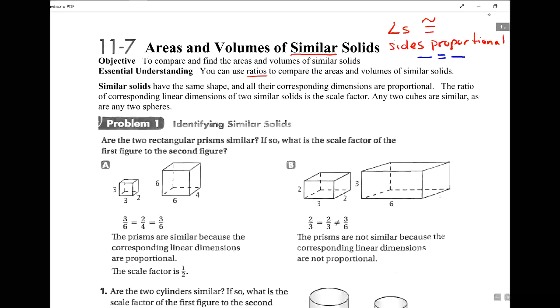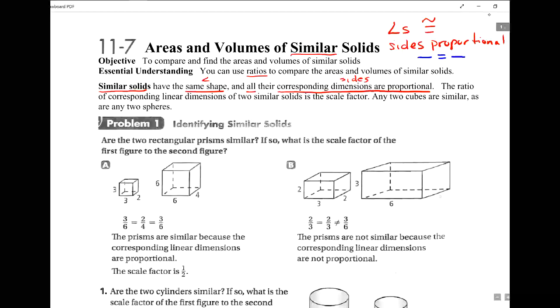All right, some definitions here, some vocabulary. Similar solids have the same shape. That's going to be talking about our angles, right? Same shape. And all, that's important, their corresponding dimensions are proportional.